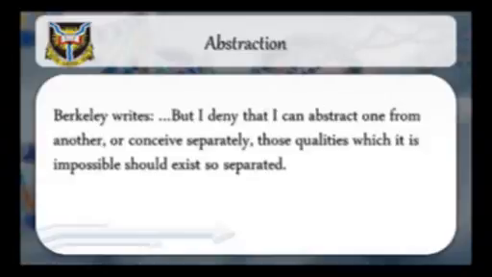The second kind of abstraction arises when you consider a mode without paying attention to its substance, or two modes which are joined together in the same substance, taking each one separately. The third concerns distinctions of reason, for example, conceiving of a triangle as equilateral without conceiving of it as equiangular.